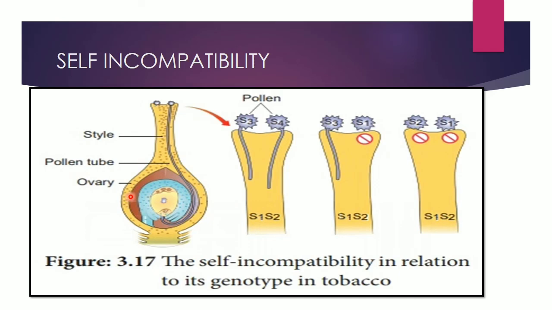So that is what self-incompatibility means. Don't forget to mention it is a genetic mechanism. So if the same genetic makeup is there, then when the pollen falls on the stigma, it will not germinate, and that is known as self-incompatibility.